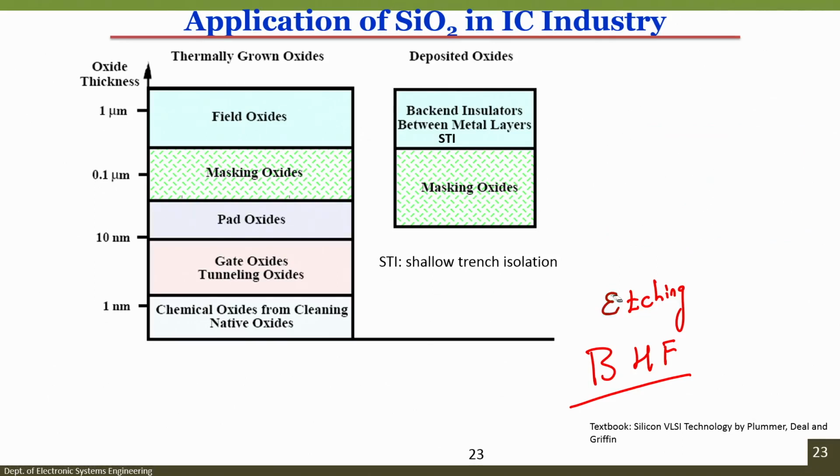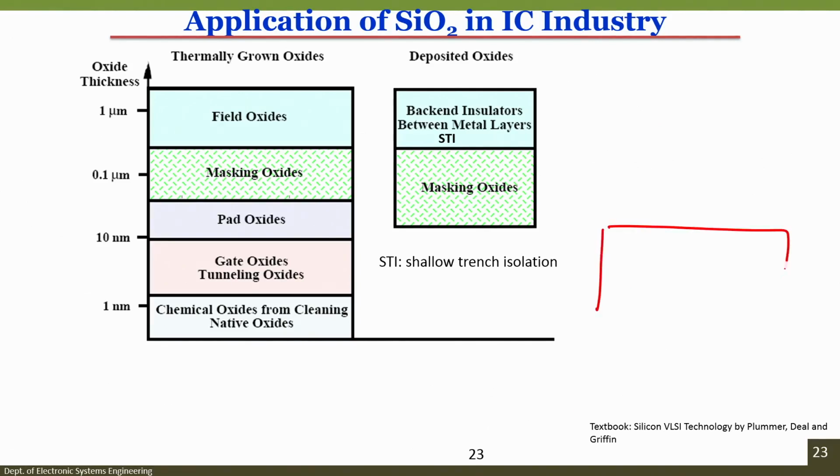Now, let us understand the gate oxide. Those who are from the electronics background will know a little bit about MOSFET. In a MOSFET there is a source, drain and gate.